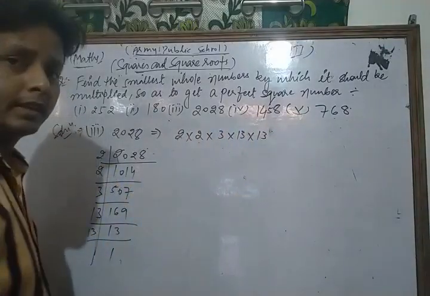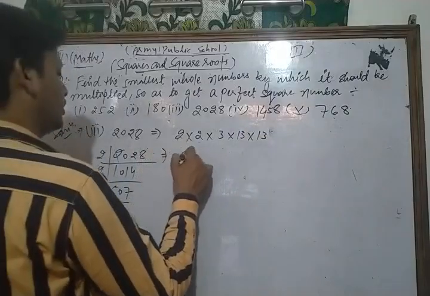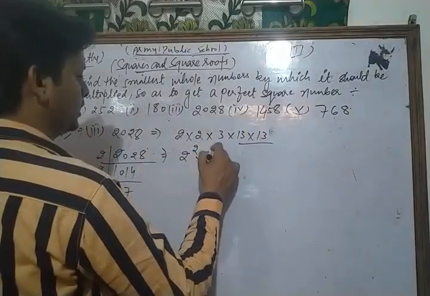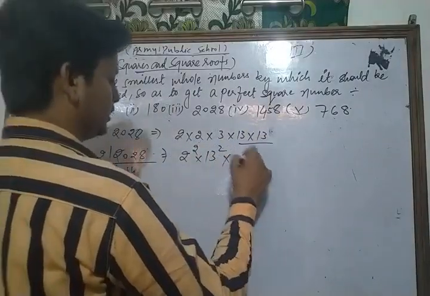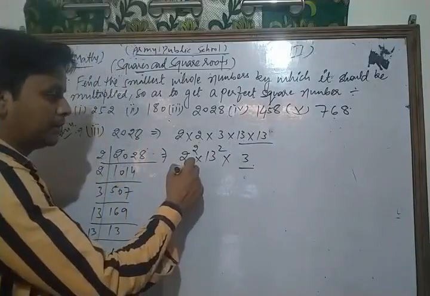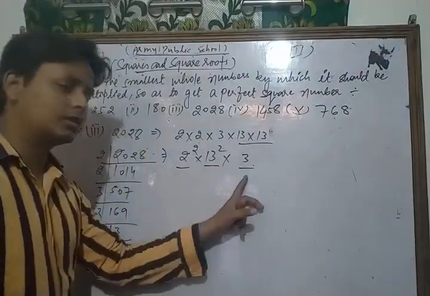So it is observed that we write 2 square, we write 13 as 13 square, but 3 is single. So 2 is in pair, 13 is also in pair, but 3 is not in pair.